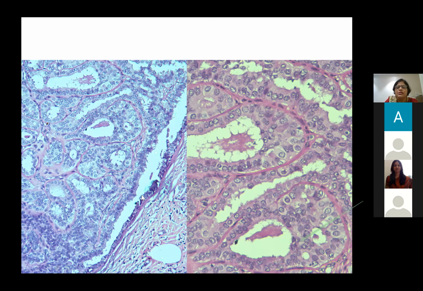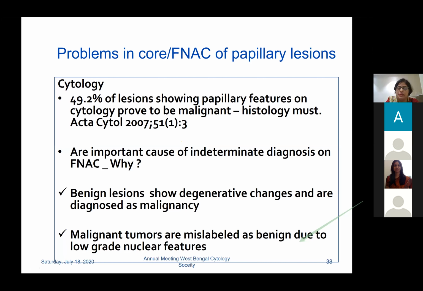So you must excise or have a histological diagnosis. On cytology, they are often called indeterminate, because benign lesions with atypia are called malignant, and malignant lesions are so low grade that they are called benign. That's the reason papillary tumors are a big pitfall on FNAC.